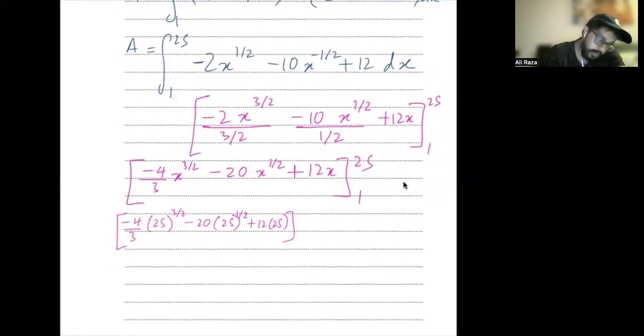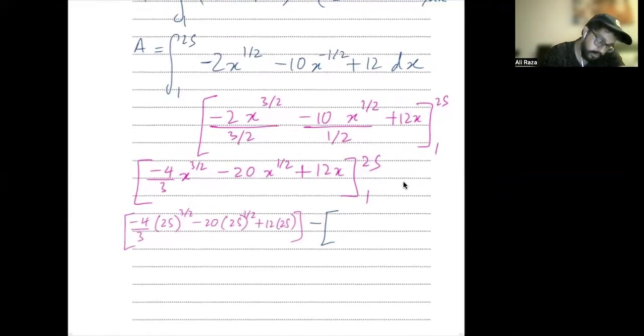And we'll subtract the lower limit from this.